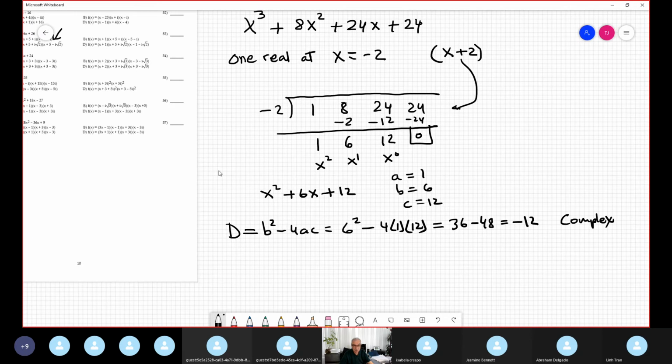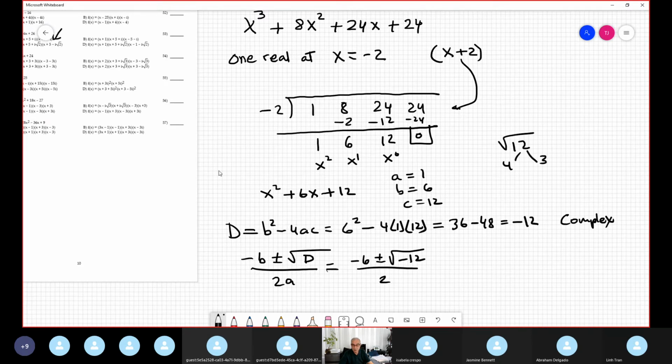Okay, now the quadratic formula: minus b plus or minus radical d divided by 2a. Minus 6 plus or minus square root of negative 12 divided by 2. Well, 12 is 4 times 3, and the square root of 12 is square root of 4, which is 2 radical 3.